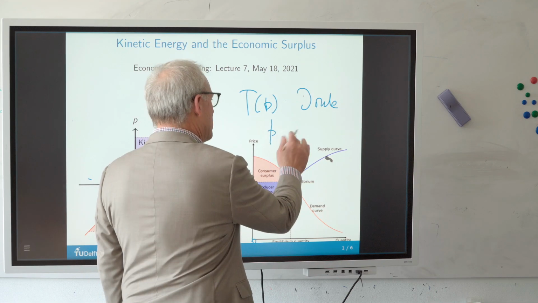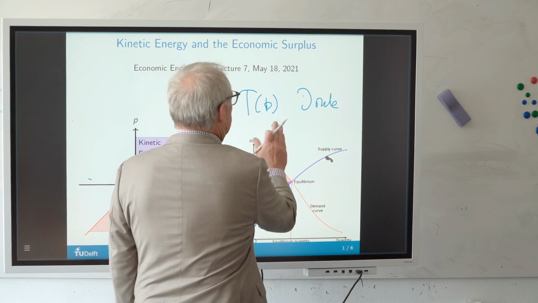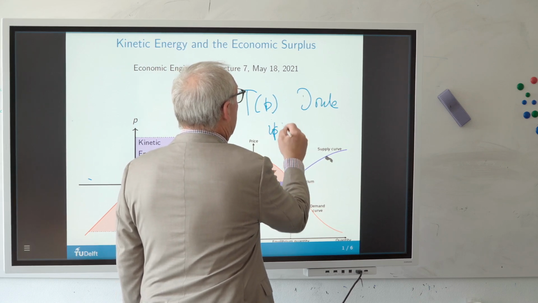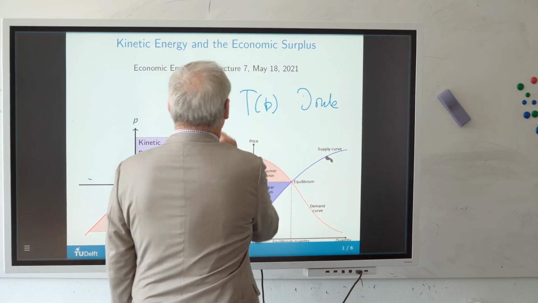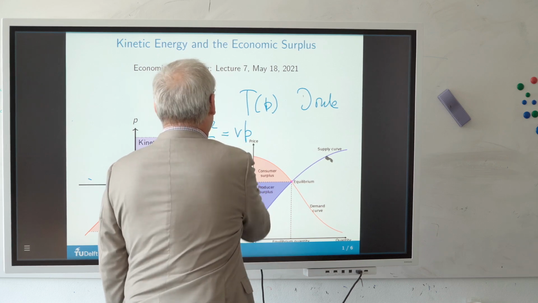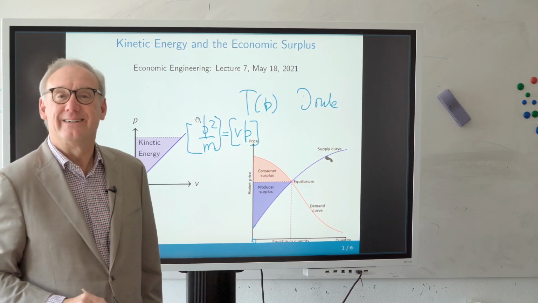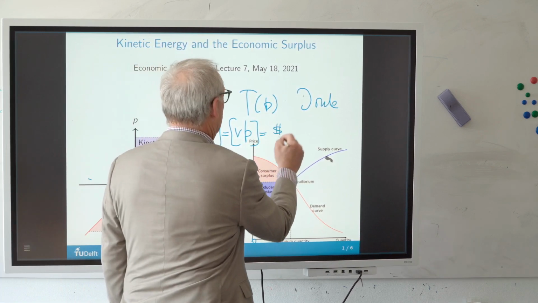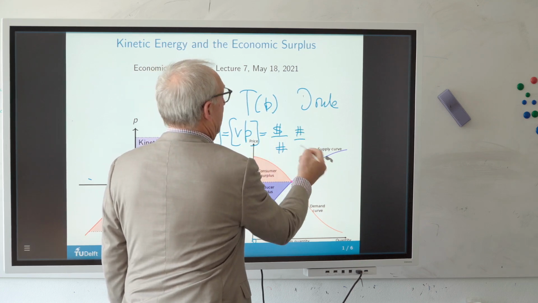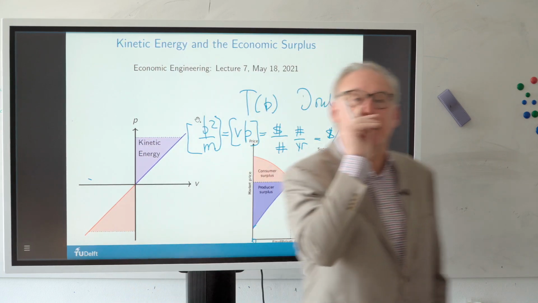So it has units of price squared divided by m, but you can say it's price squared divided by m, right? And p divided by m is units of price times the quantity, right? So that will be just the units of price, and the units of quantity is, this is what you wanted to say, right?